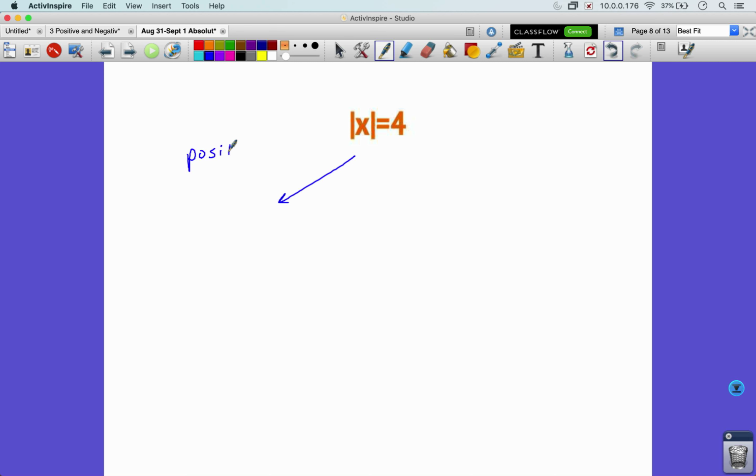So in the positive case, we're assuming x is positive, so we're just going to drop the brackets. All right, if x is positive, those brackets don't really have a job to do, so they just go away. We'll say drop the brackets.